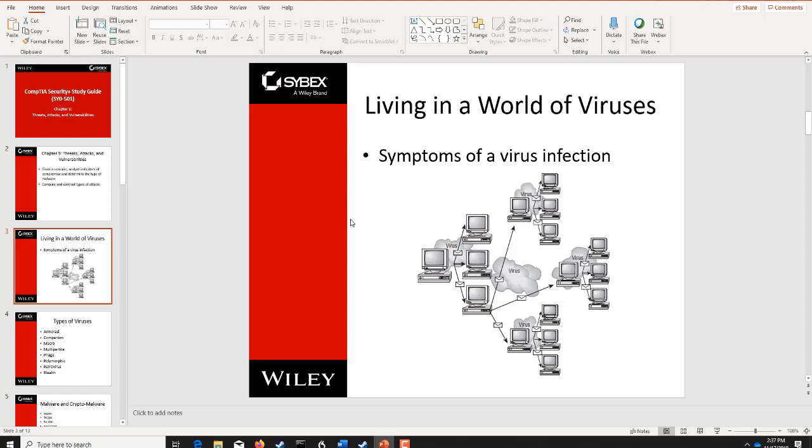And SIEMs and other types of host-based intrusion prevention, intrusion detection systems are doing just that. They're not only looking at applications that are running or could be resident in memory, or looking at files on a system and scanning the files.